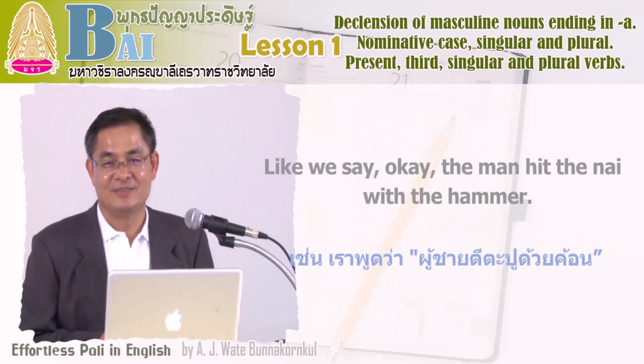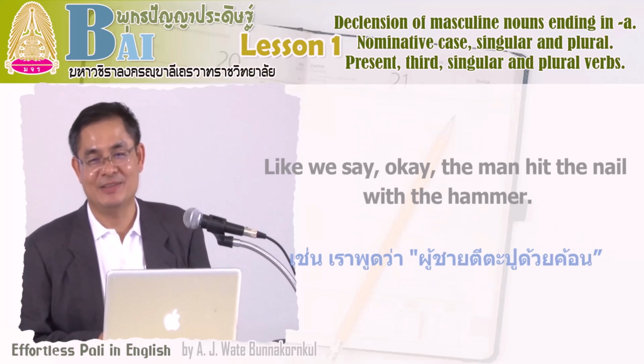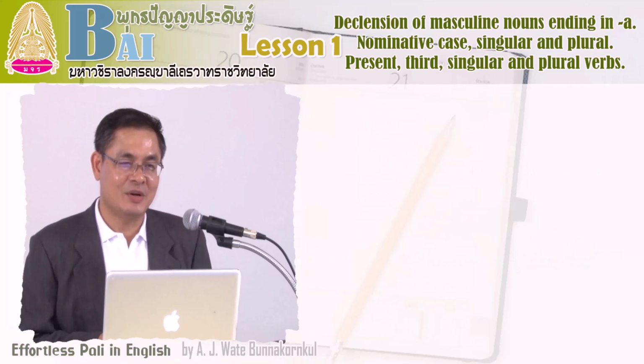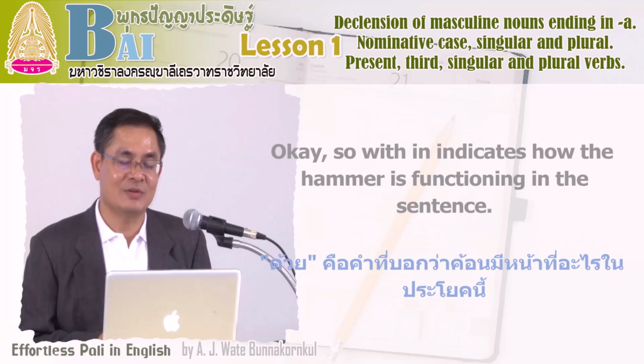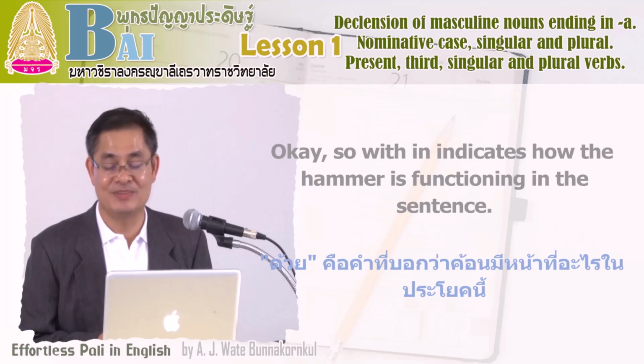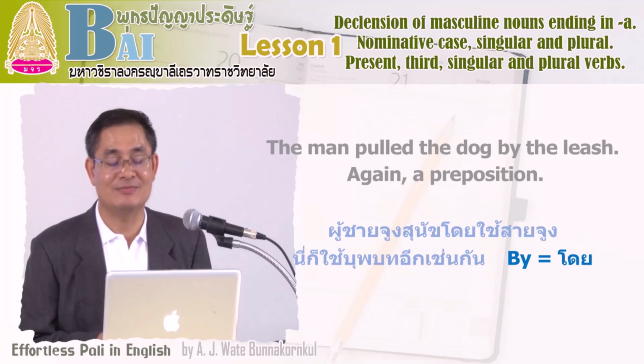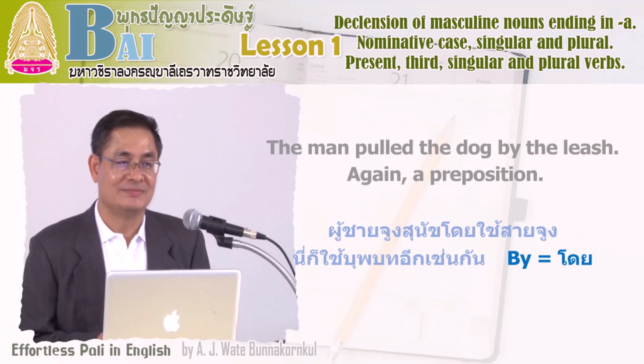Like we say, okay, the man hit the nail with the hammer. Okay, so "with" indicates how the hammer is functioning in the sentence. The man pulled the dog by the leash. Again, a preposition.